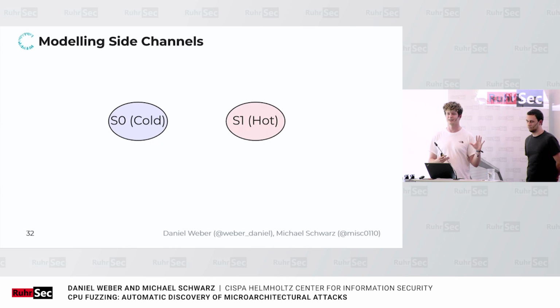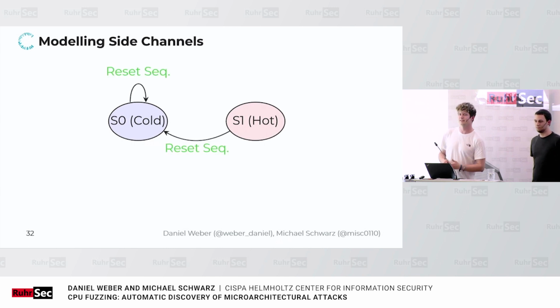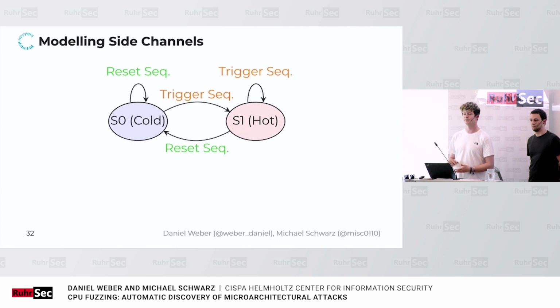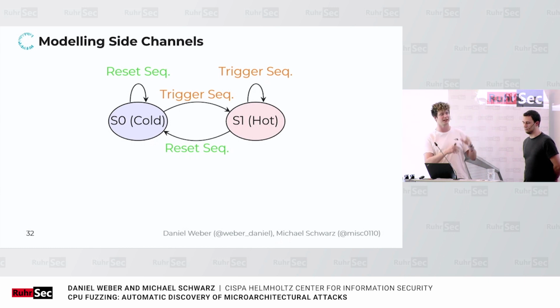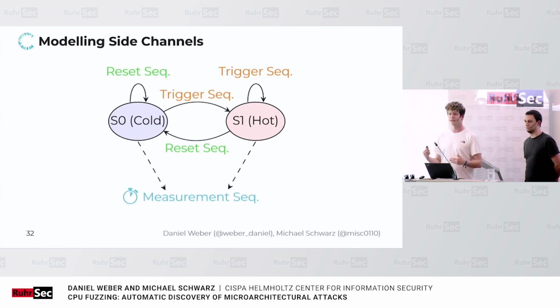So far, so good. Now, how do we get an interaction with that state? Well, let's say we have some instructions that we execute, and they reset our state to our always 0 state. Okay, we execute them, we're back in our 0 state. Naturally, we also need some code to execute to end up in the other state. Now, what we're still missing, because we can now encode something, we still need to receive that information again.